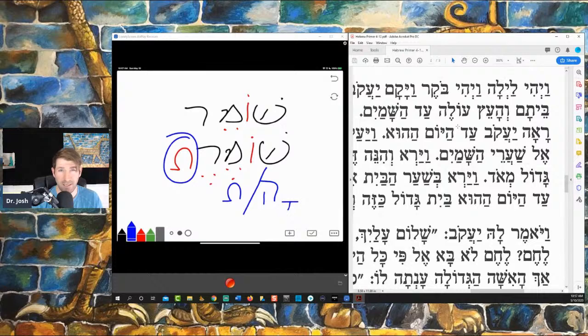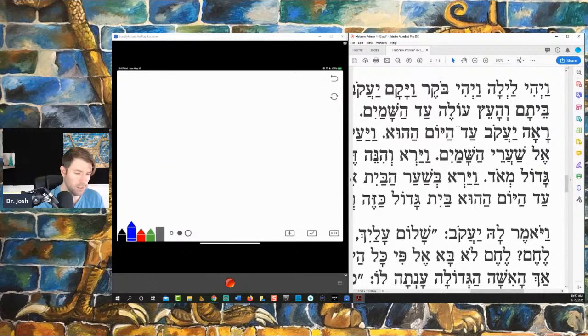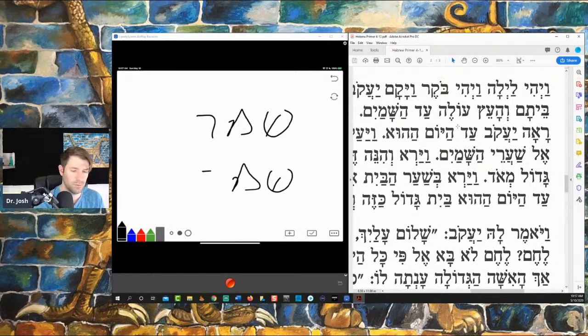So this is indicating a feminine singular. So shomer, shomeret. Shomer, shomeret. And then I'll just do this first, so I don't have to switch back and forth. Okay. So let's do this first.